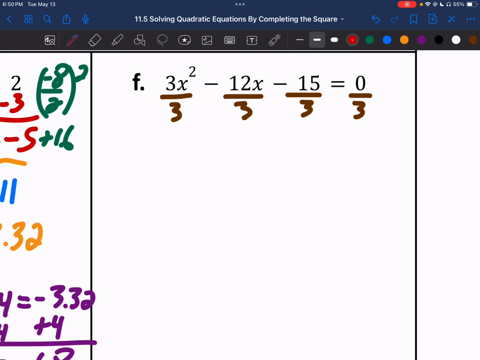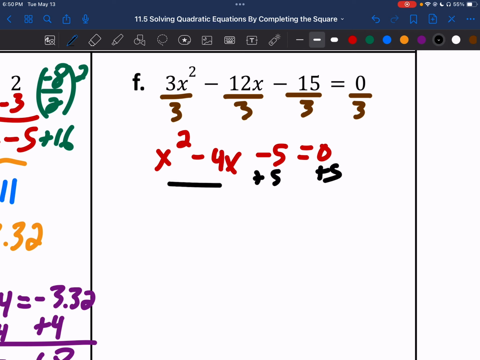That habit is good for you. All right, so we get x squared minus 4x minus 5 equals 0. All right, so we're going to now add 5 to both sides. We get x squared minus 4x equals 5.